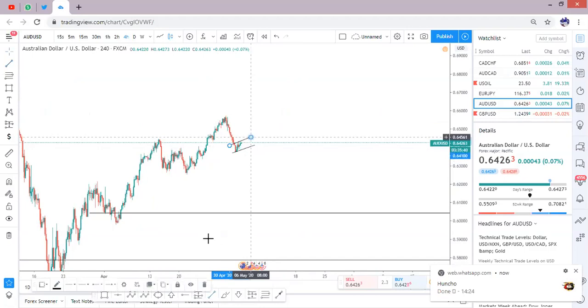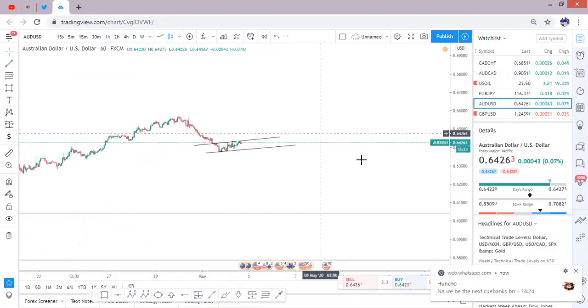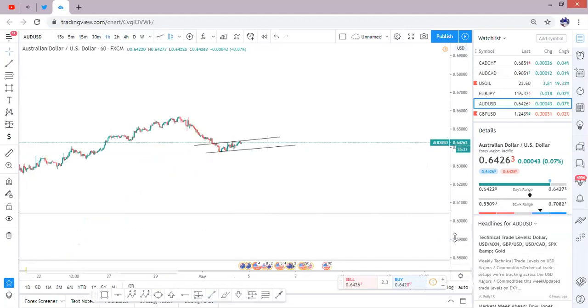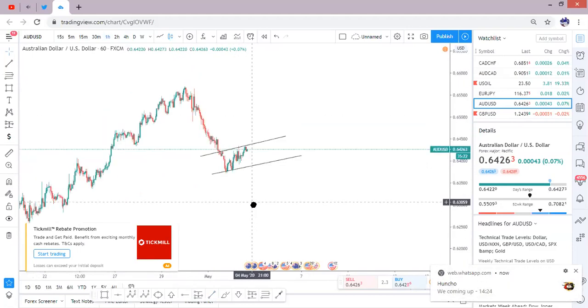So just have to wait for the completion of this bearish flag on a 1 hour time frame. You can see on a 1 hour time frame, we have two touches already, saying we're waiting.